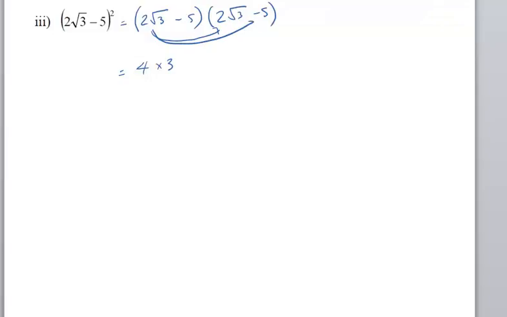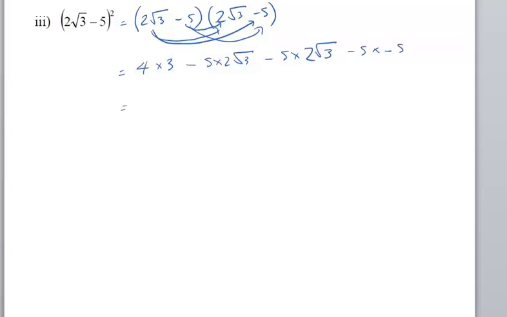Then we're going to do here whole terms together. We have negative 5 times 2 square root of 3. For our second term here, we've got negative 5 multiplied by 2 square root of 3, and here negative 5 times negative 5.